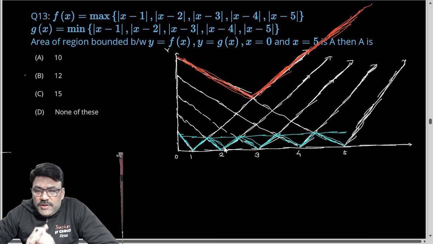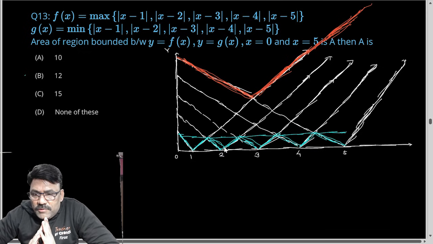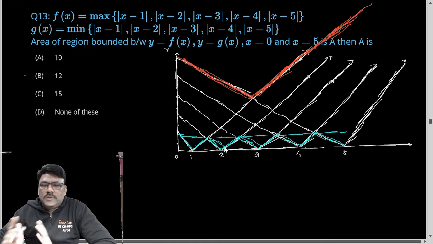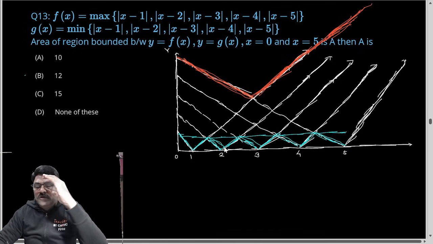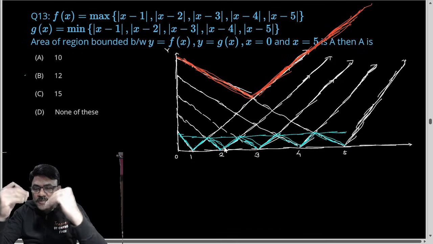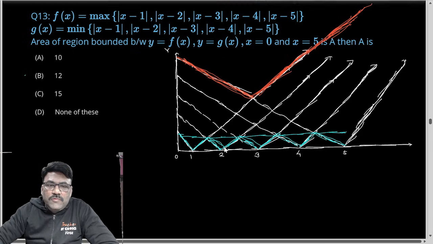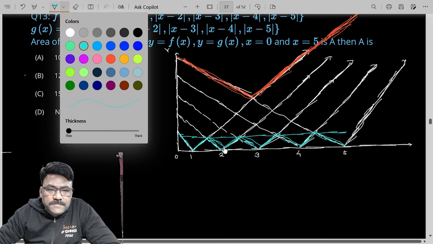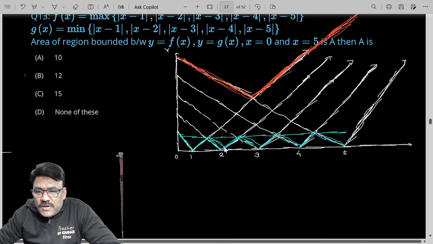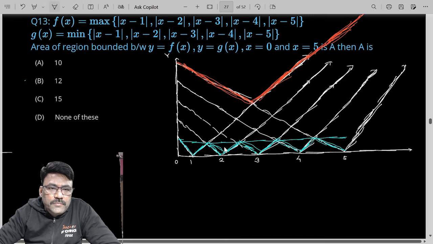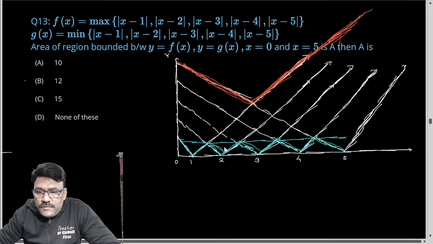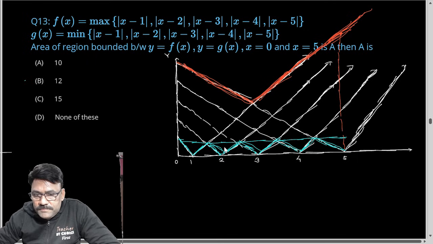So now what is the area between this maximum and minimum? Just find the area of this maximum graph with the x-axis and subtract the area of the minimum graph. So what will be the area of this maximum graph first? This is 5 here. Obviously, this line is y equal to x minus 1, so this point will be 5, 4.